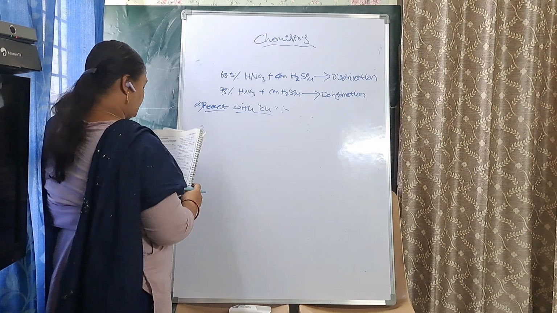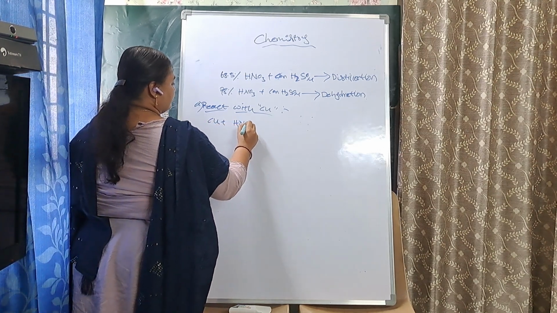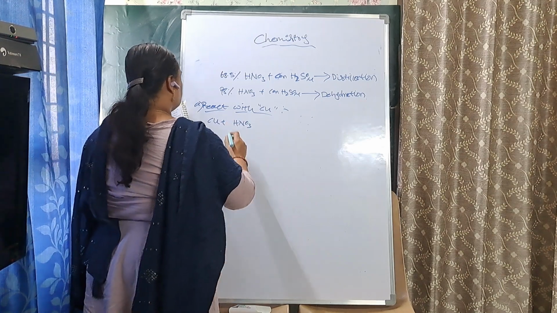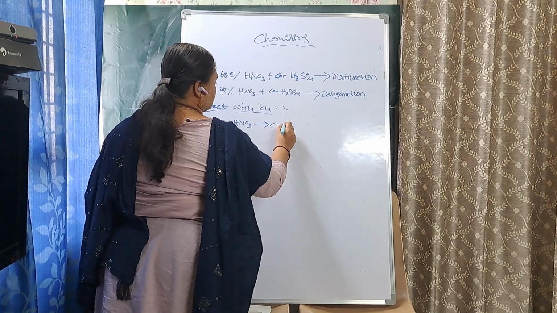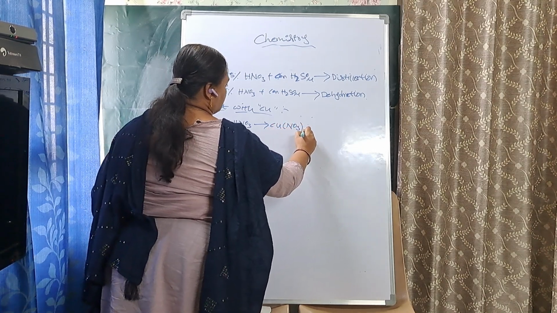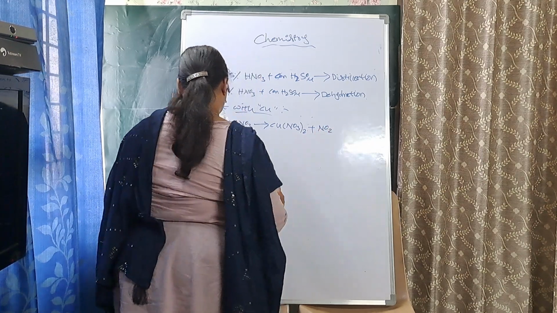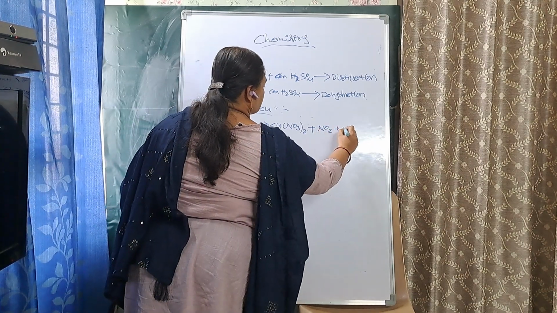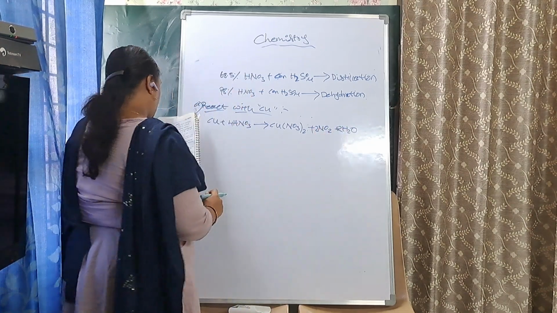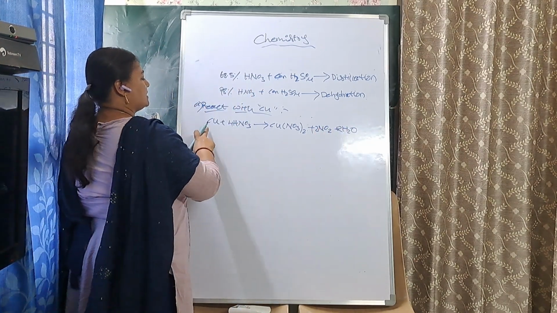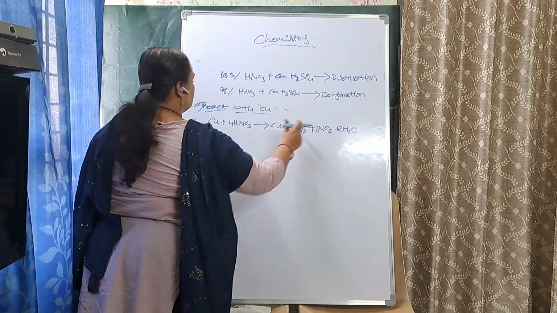When nitric acid reacts with copper, we get copper nitrate plus nitrogen dioxide plus water. Okay, when nitric acid reacts with copper, we get copper nitrate, nitrogen dioxide and water.